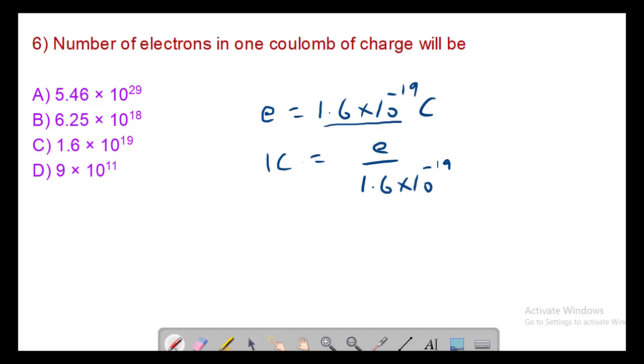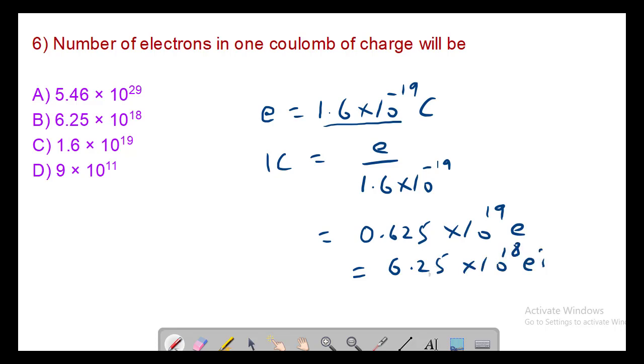So 1C would be equal to 1 upon 1.6 e, and 1 upon 1.6 is actually 0.625, and this goes up into 10 raised to plus 19 e, so this becomes 6.25 into 10 raised to 18 electrons. So this is the answer. For getting a charge of 1 coulomb, this many electrons are required. So here for us option B is correct.